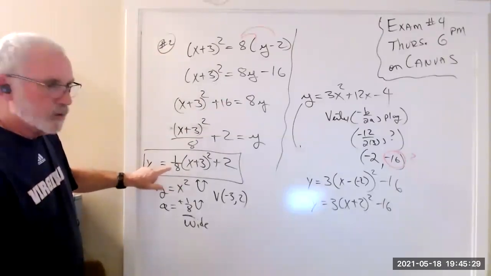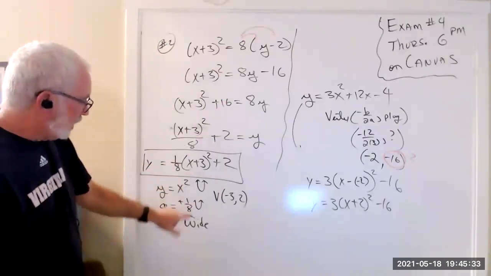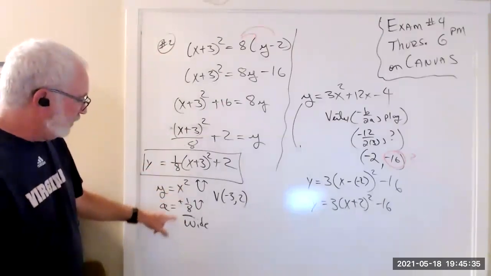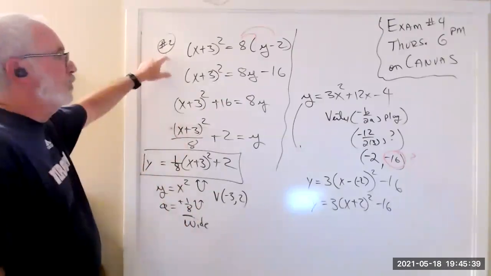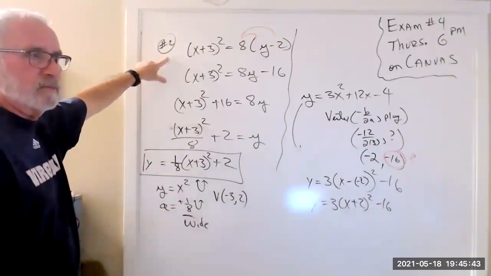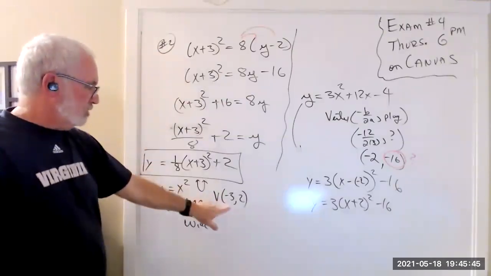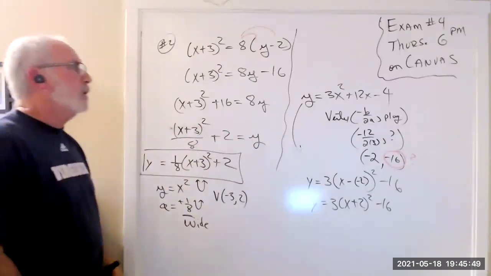That gives you your a value, and then you can pick some information out of it. You know it's going up, but it's very wide. This is from number 2, so it was a multiple choice question. So you could fake it: you find the vertex, you say it's really wide, and then you could look at that and match it.